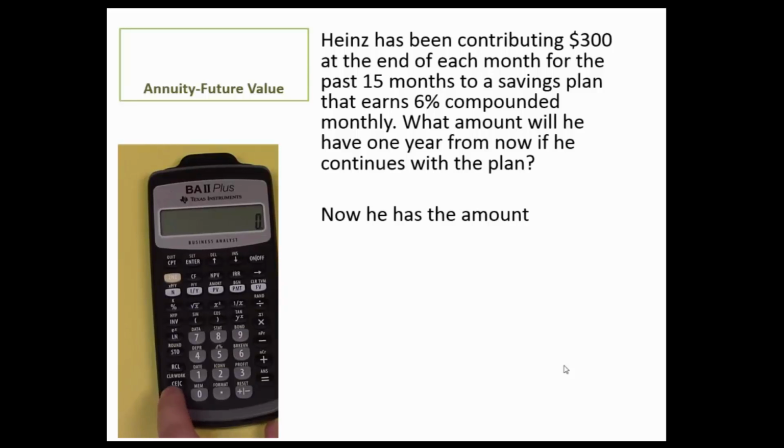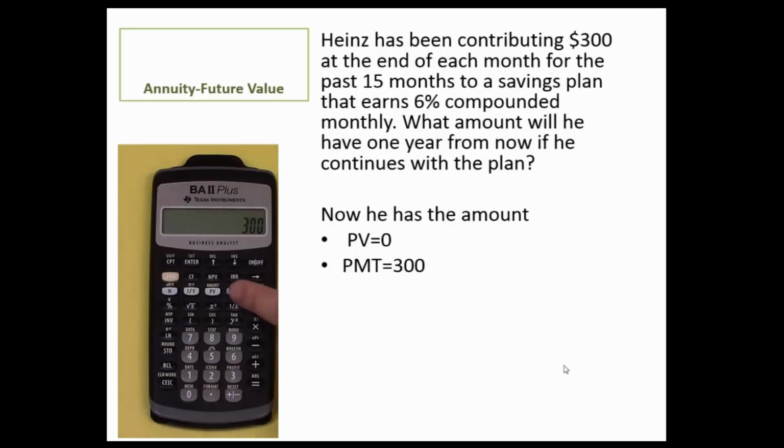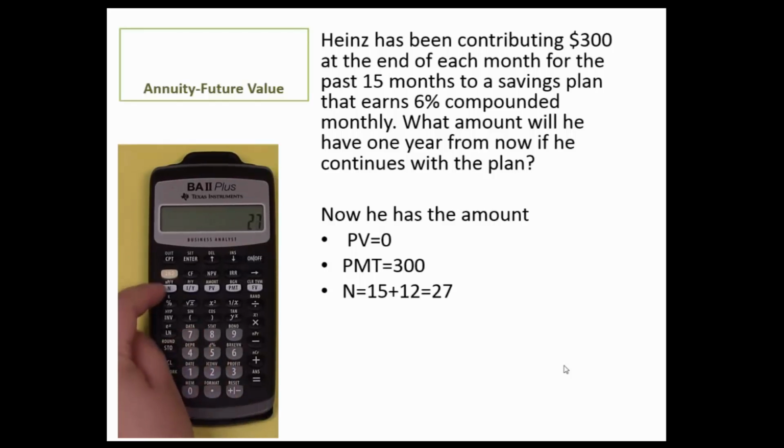Present value equals 0. Heinz contributes $300 per month, so PMT equals 300. N equals the number of total months, so the past 15 months and the next year.